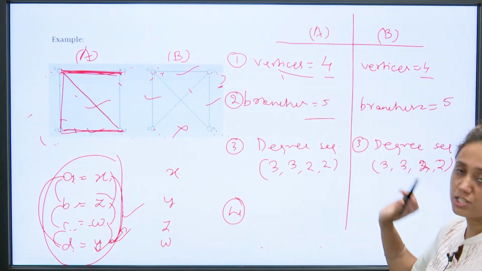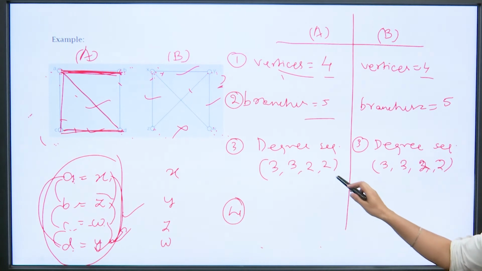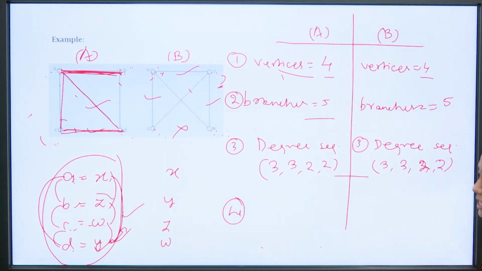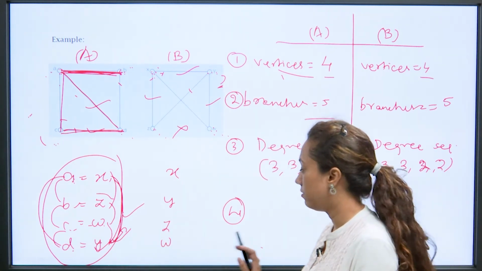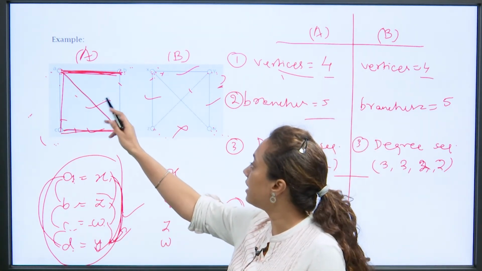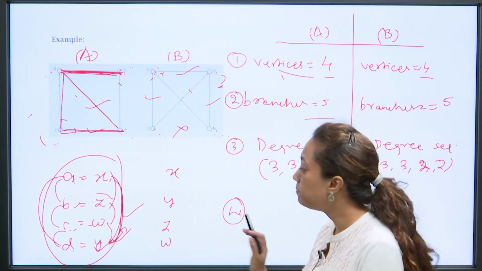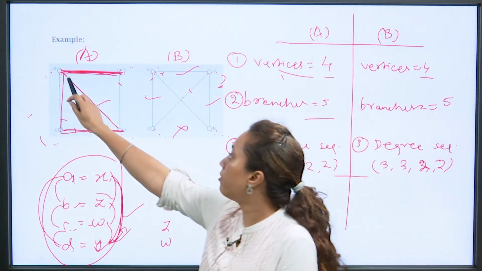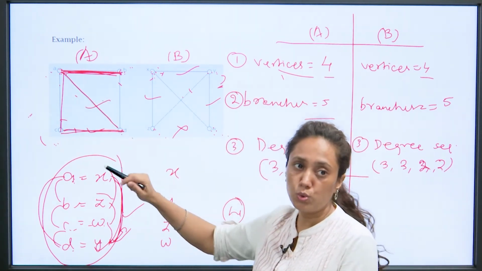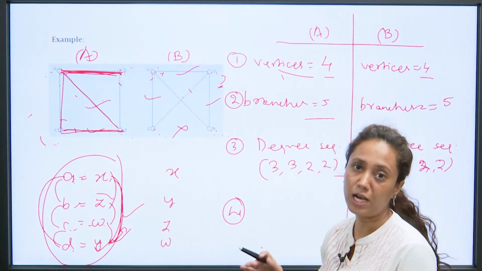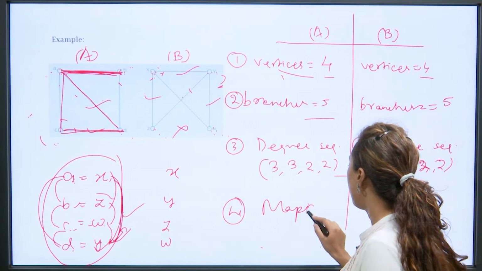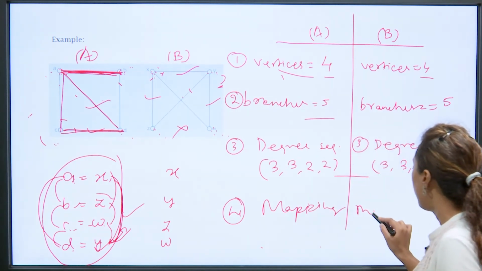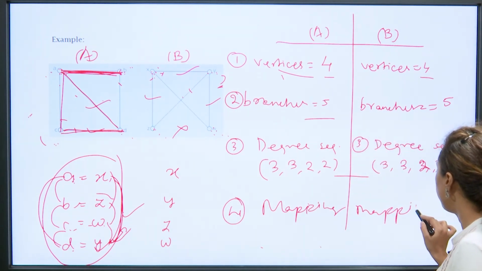Second condition, the number of branches is the same. Third, the degree sequence is also the same, and while mapping, all the nodes of the A graph and the B graph are mapped, and the number of branches between the two nodes is also the same. So, we can say that it has mapped completely, right.